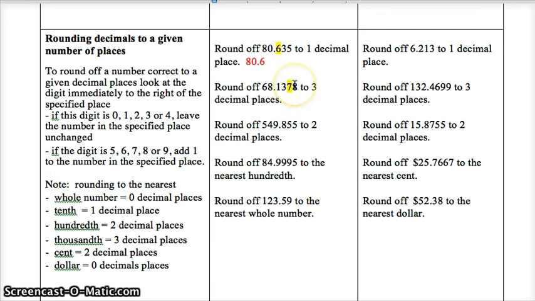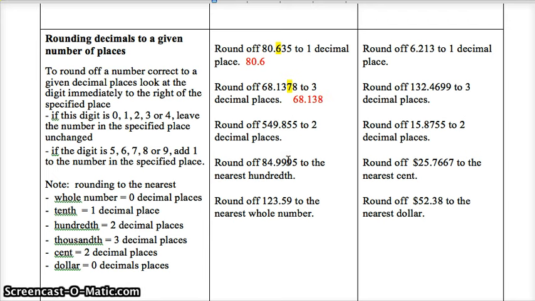Well, I look at the number next to the 7. And it's an 8. Now that 8 is 5 or bigger. So if the digit next to that 7 is a 5 or bigger, in other words 5, 6, 7, 8 or 9, then this 7 has to change to an 8. So my answer here will be 68.138. Okay, that's that question.